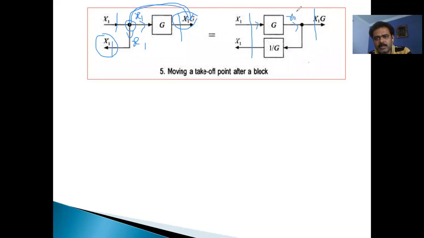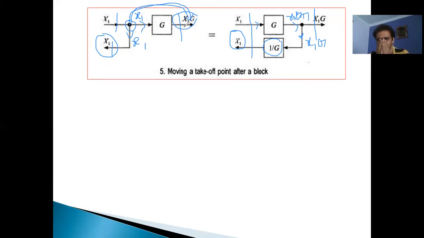At the takeoff point, the same output will travel in this direction, x1 into G. If x1 into G is considered as input, and the output is fixed, that is x1, then to get this output the transfer function must be output by input, which gives 1 by G. So a 1 by G block is added if we want to move a takeoff point after this block.